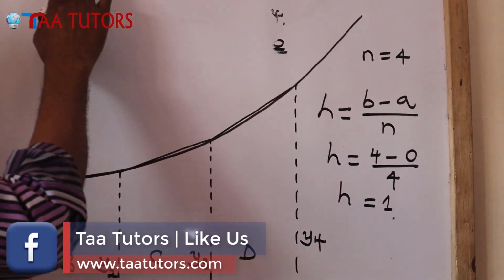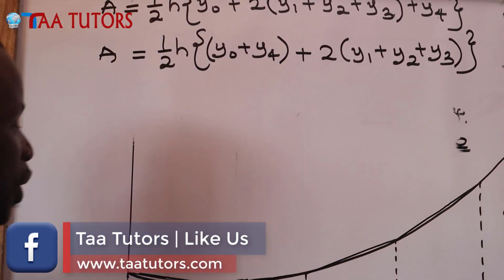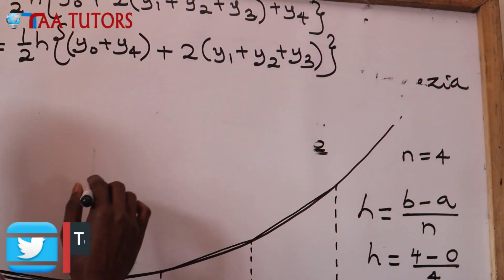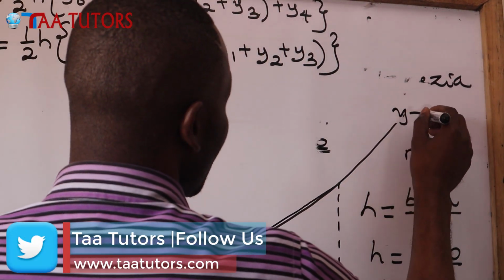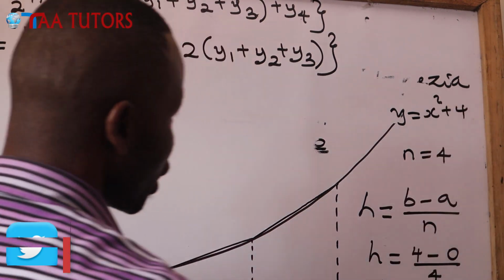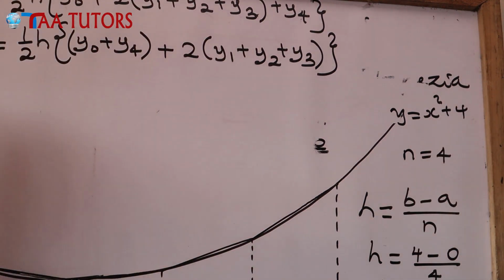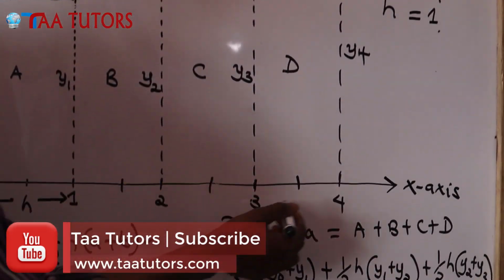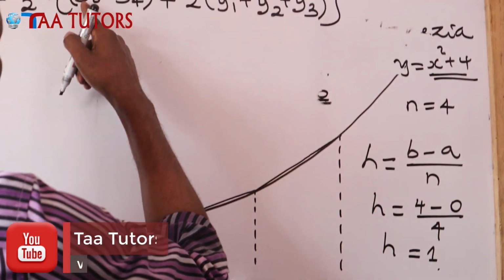Then these values of y will be easier to obtain if you know the function, assuming the function is y equals x squared plus 4. Assuming that, if you have that particular curve, then you can substitute the corresponding values of x here to get these values of y.